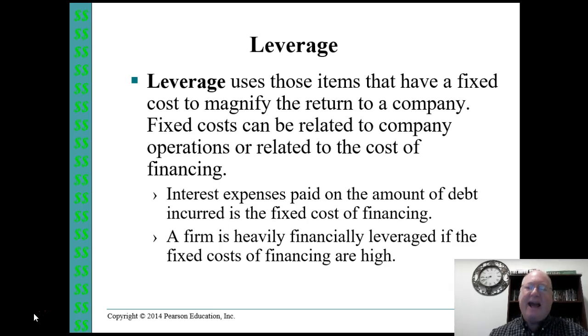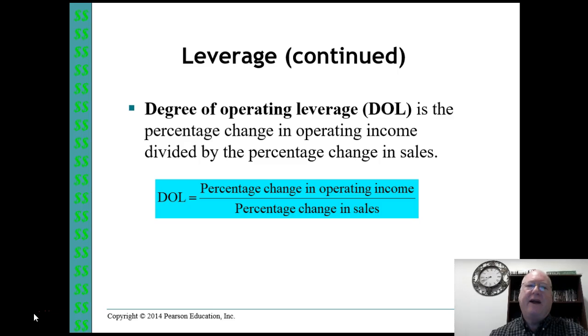So how does this actually work arithmetically? Well, there's a formula for degree of operating leverage, which is the percentage change in operating income divided by the percentage change in sales. And we're going to be looking at this in conjunction with another ratio.